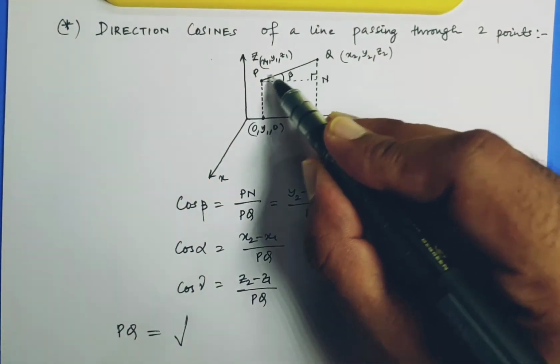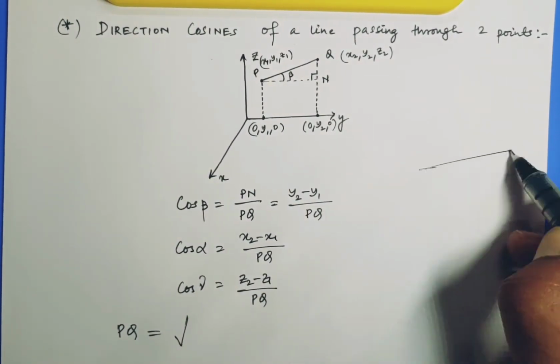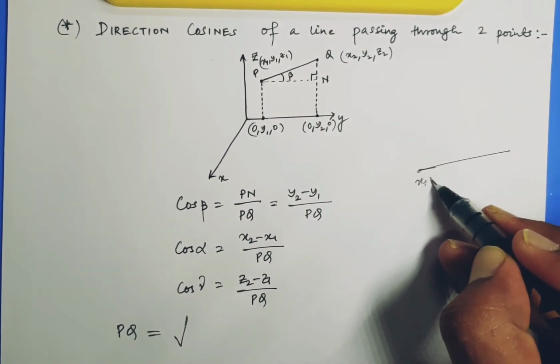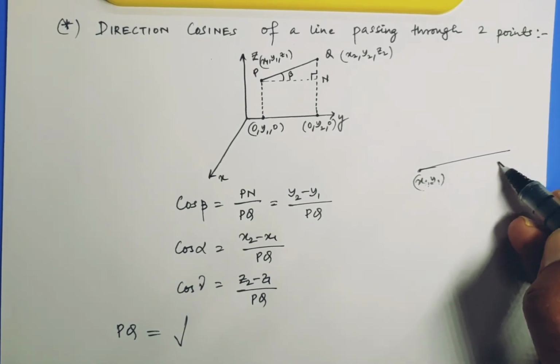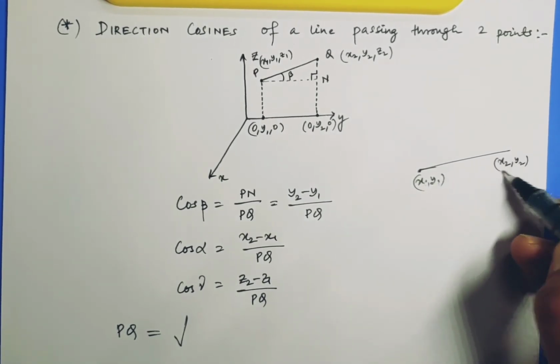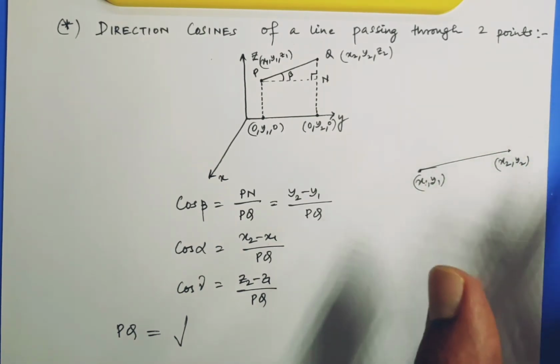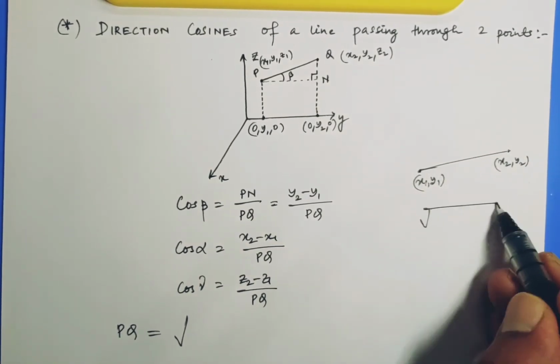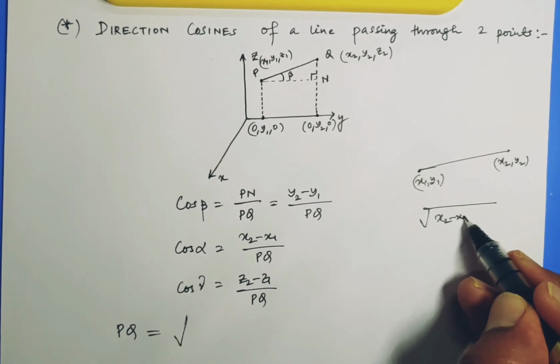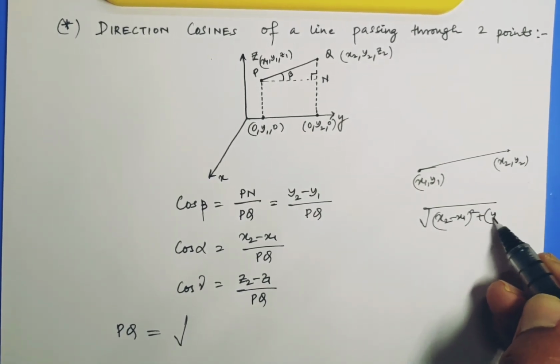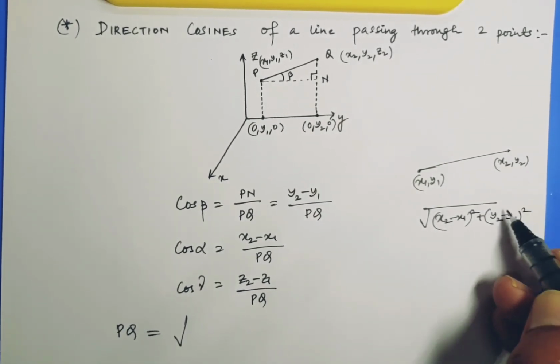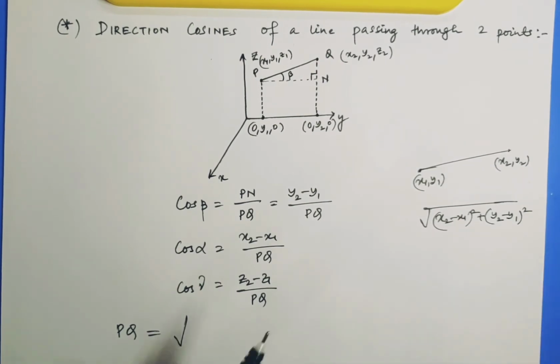Now, who can tell me what is the length of PQ equal to? How much is this length? What was the distance formula? For 2 points, if I have x1, y1, and here we have x2, y2, what was the distance formula of this line? It was root over of x2 minus x1 whole square plus y2 minus y1 whole square. That one was the formula. The same formula will apply in here, but there will be a difference. What will be the difference?